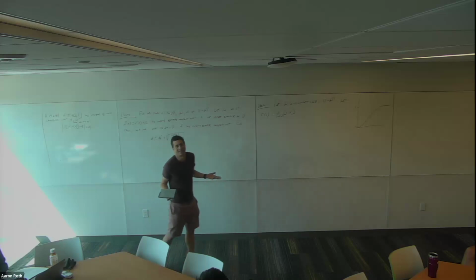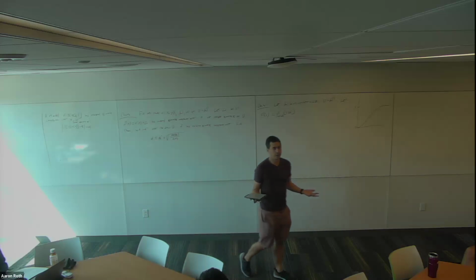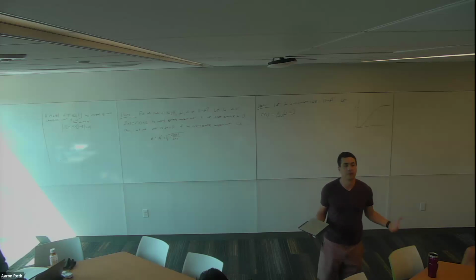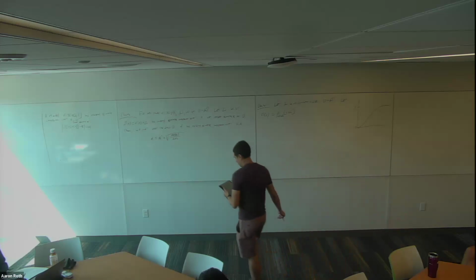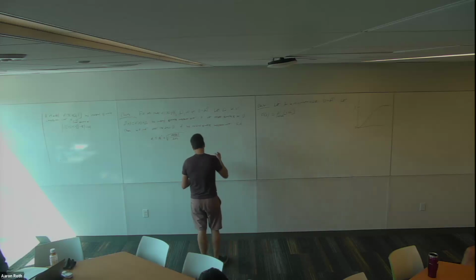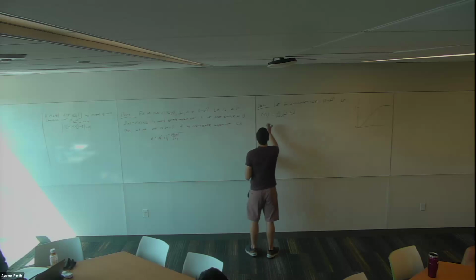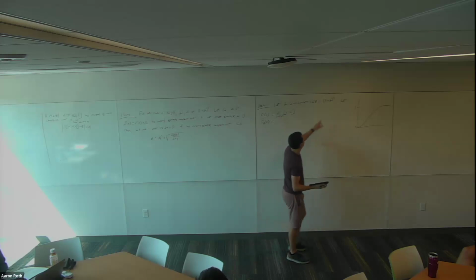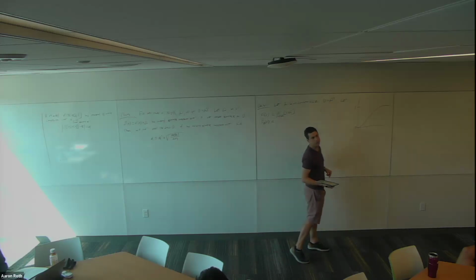We've got the data set, and so one natural thing we could look at is the empirical CDF, the CDF of the empirical distribution, which is uniform over the data set.